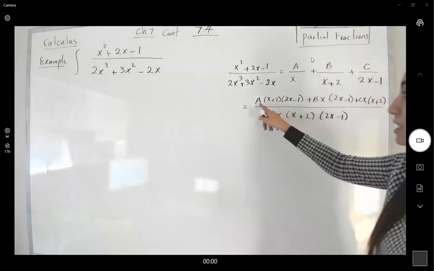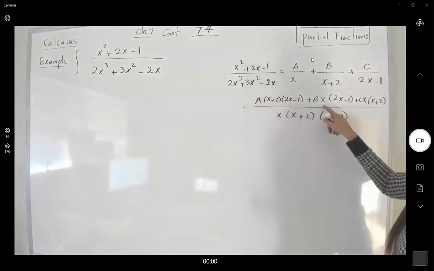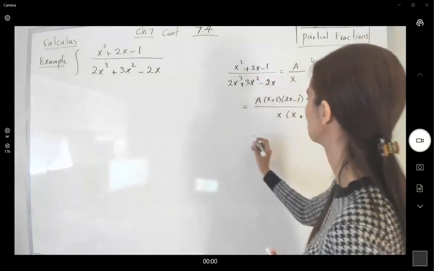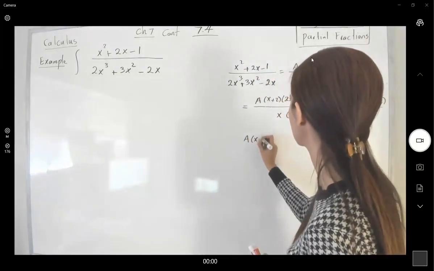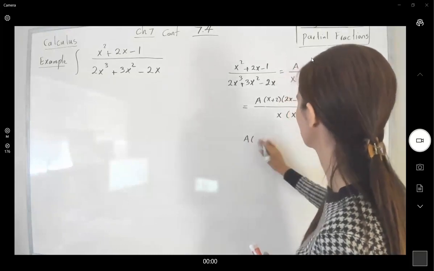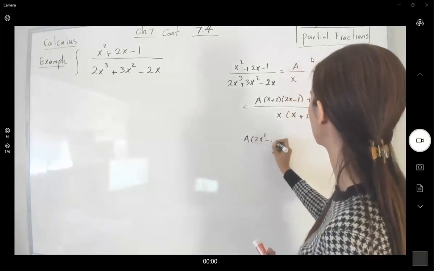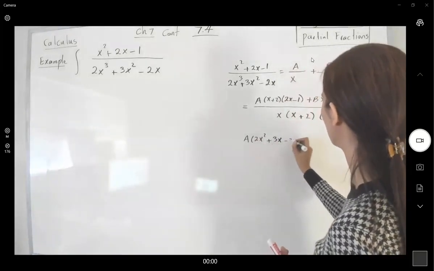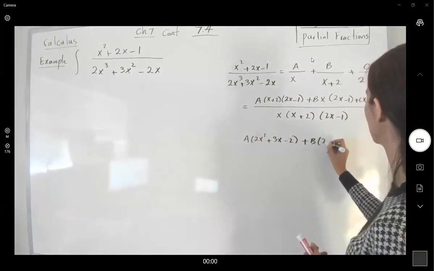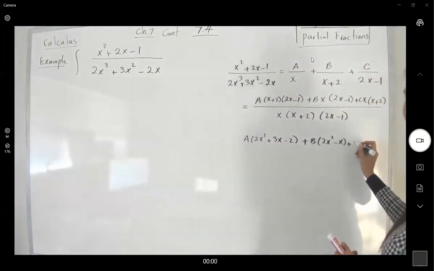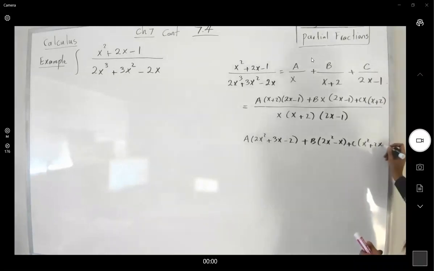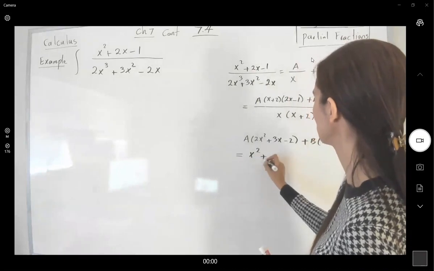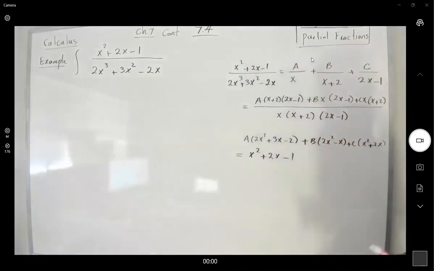Then we distributed a into parentheses, b into parentheses, c into parentheses, and we set these equal to each other. So a times 2x squared plus 4x minus x minus 2, plus b times 2x squared minus x, plus c times x squared plus 2x. This is equal to x squared plus 2x minus 1.